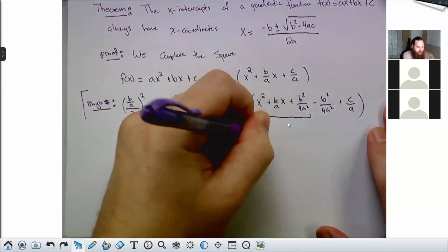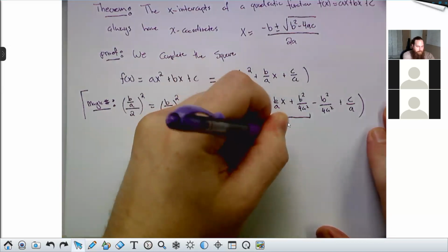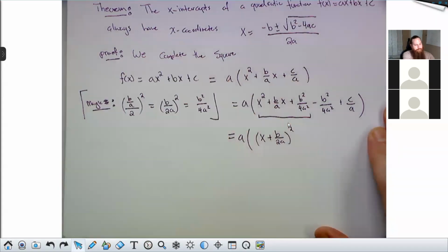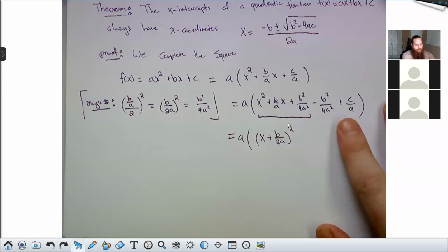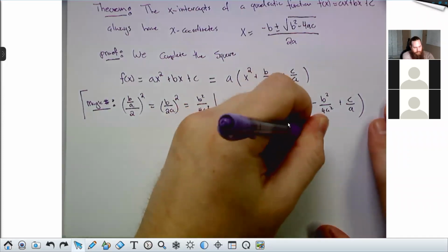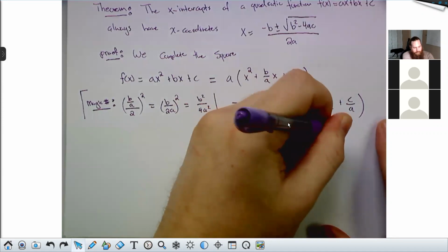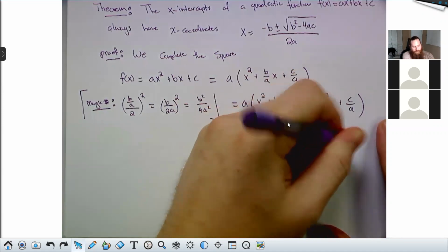So that factors as x plus b over 2a squared. And then I still have these guys, minus b squared over 4a squared plus c over a.